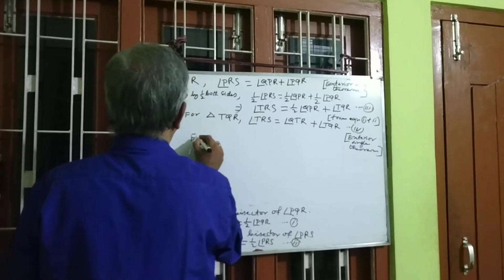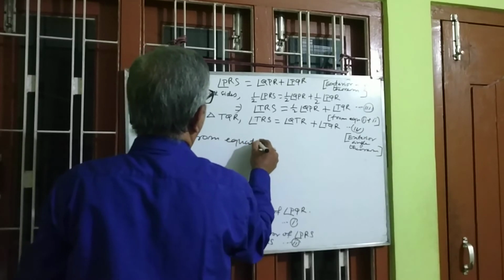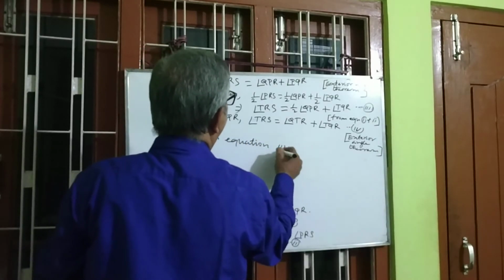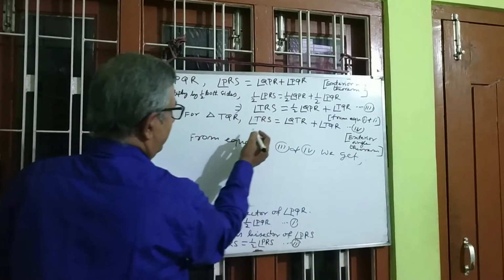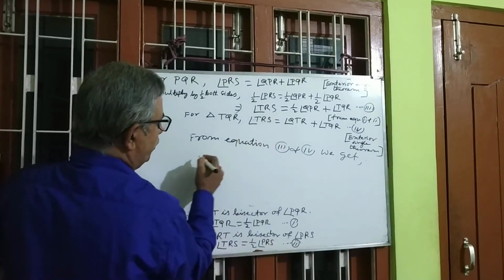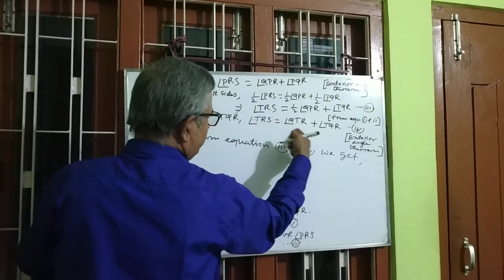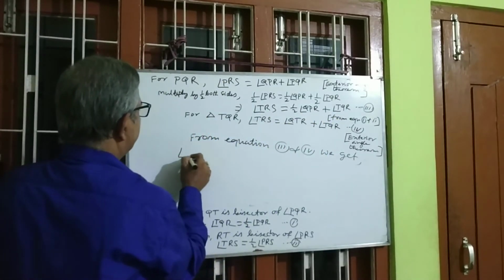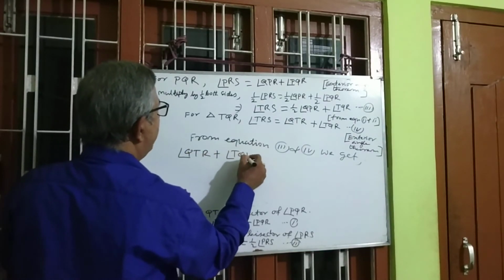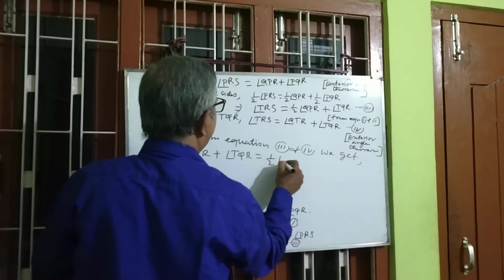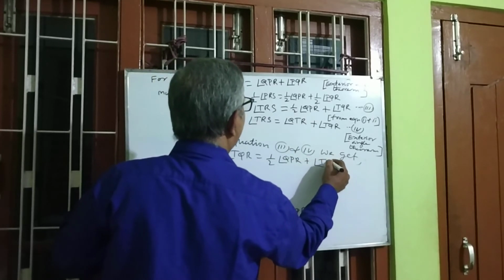From equation 3 and 4, we get angle QTR plus angle TQR is equal to half angle QPR plus angle TQR.